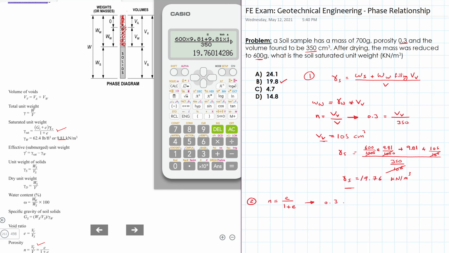That means 0.3 equals e divided by 1 plus e. 0.3 times 1 plus e equals e. After that, 0.3 plus 0.3 e equals e. This one we will take to the other side, and we have 0.3 equals 0.7 e, and from this we find that the void ratio equals 3 divided by 7.